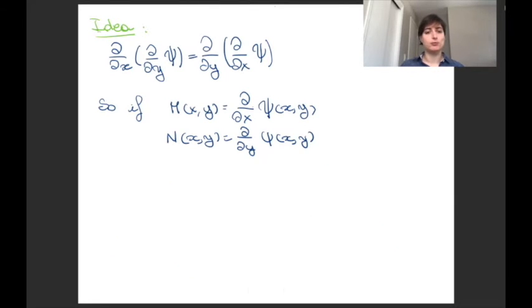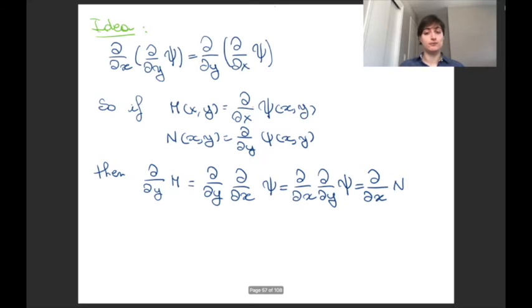Why is that what we want? Well, the general idea boils down to the fact that if we take the derivative with respect to x of the derivative with respect to y of psi, or the opposite, that is the derivative with respect to y of the derivative with respect to x of psi, it is the same thing. So if M is the derivative with respect to x of psi, and N is the derivative with respect to y of psi, when we mix derivatives up, we have to find the same thing.